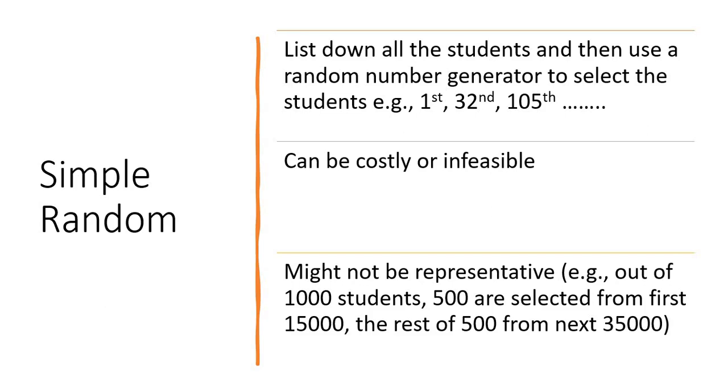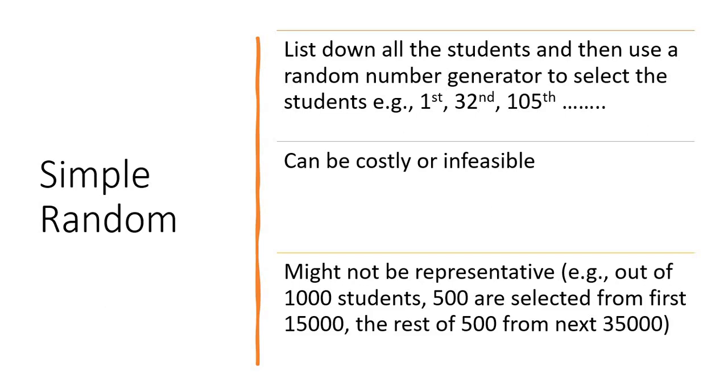So this is done to rule out our own bias, but this can be costly or sometimes even infeasible. For some populations, we might not have a list. For example, if you want to get opinions of the customers at, say, fashion clothings, you do not have a list. So this is simply not possible. This approach is not applicable there. Additionally, it still might not result in a representative sample.